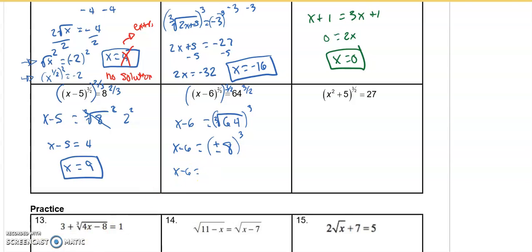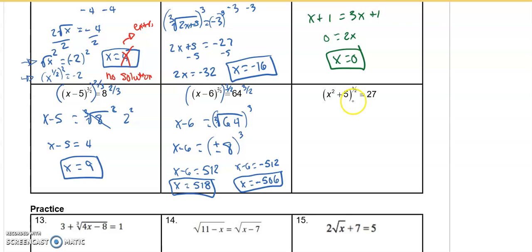We got 512. I used the calculator. So 512, adding 6, I get 518. But it's also negative 8 cubed, which will give me x minus 6 equals negative 512. Adding 6, I get x is equal to negative 506. Check those both. They work.